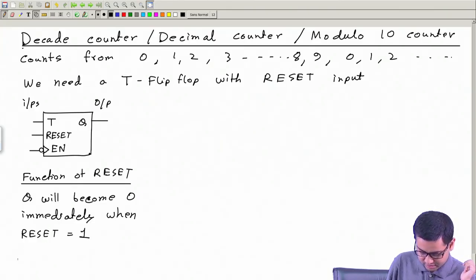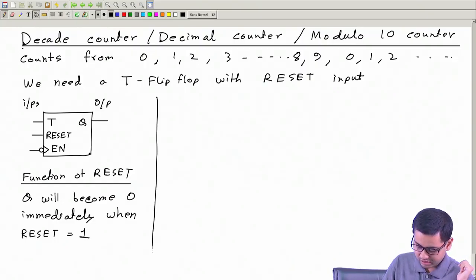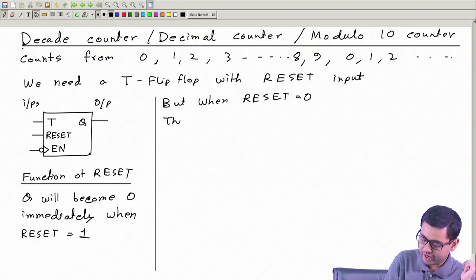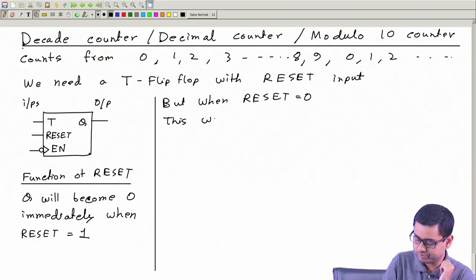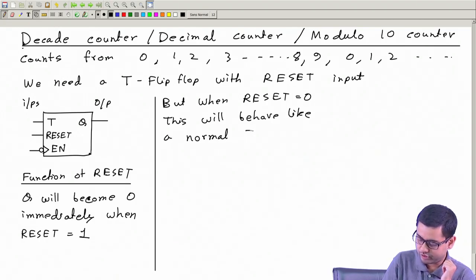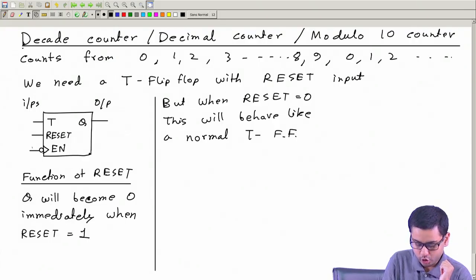Otherwise, when reset is equal to 0, this will behave like an ordinary T flip-flop. That means if reset is 0, then Q will change if T is equal to 1 at the moment when a negative edge comes at enable.